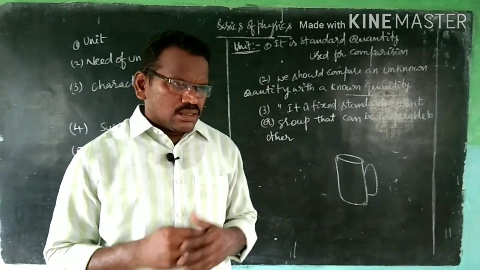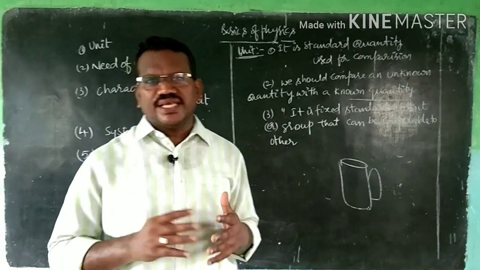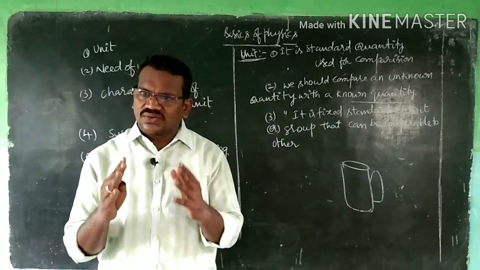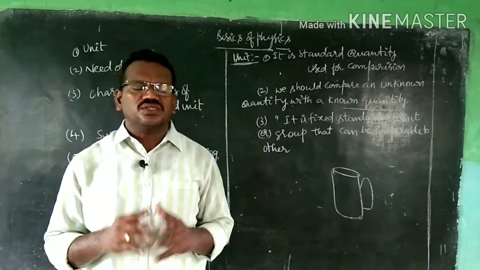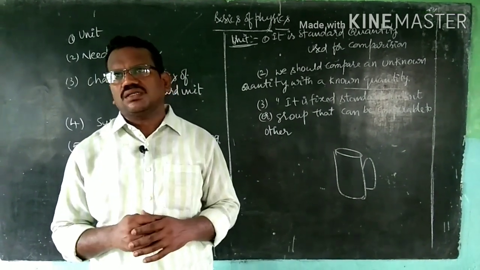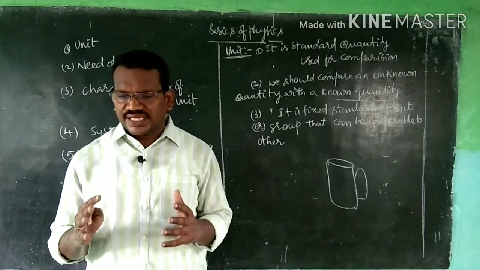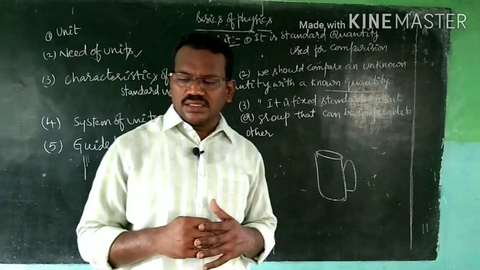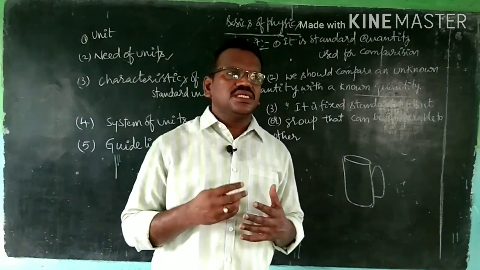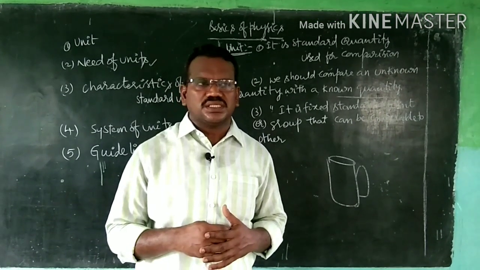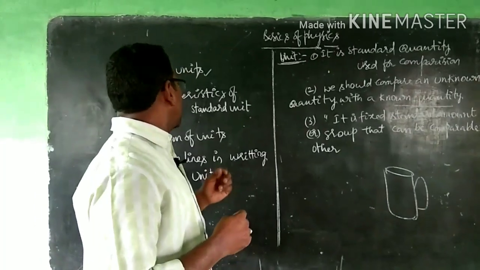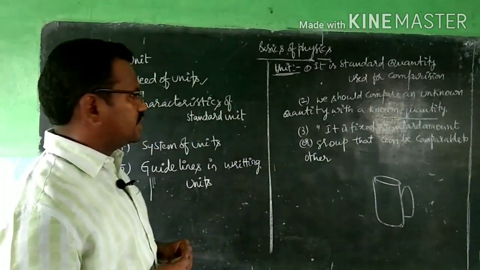But now the whole world has become unified, so we require certain standard quantities for measuring worldwide. For that purpose, in 1971, the Bureau of Indian Standards and the International System of Units gave certain rules and regulations while writing a standard quantity.